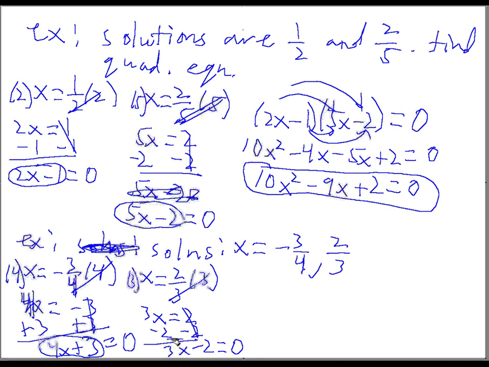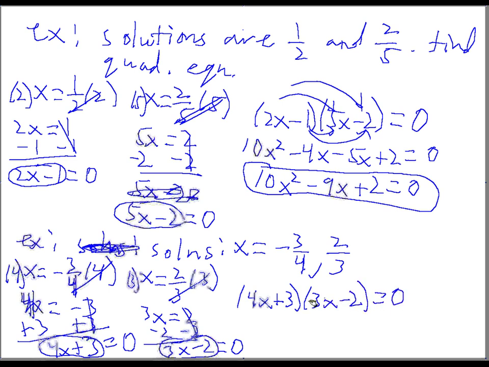So again, that will be my other factor. These two factors are what I need to form the quadratic equation. So therefore, we're going to get 4x plus 3 times 3x minus 2 equal to 0.